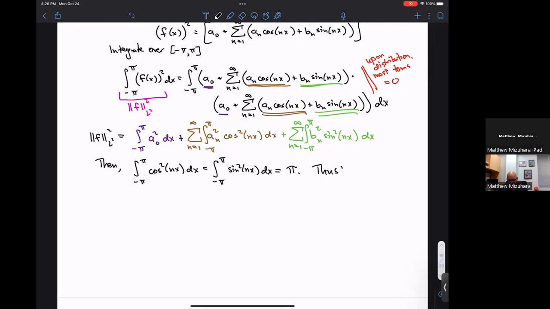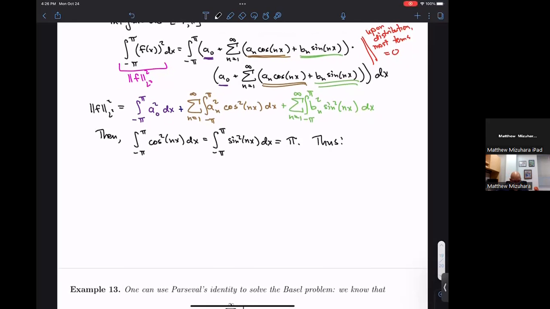So thus, when I put all of this together, what do I get? I get the L2 norm of f squared on the left equals, oh, I didn't evaluate my a_0 squared integral, but that's not a problem, right? That's a constant. So I'm going to get a_0 squared times 2 pi, plus the infinite sum from n equals 1 to infinity of, so I have my a_n squareds pulling out, and then the integrals all turn into pi's.